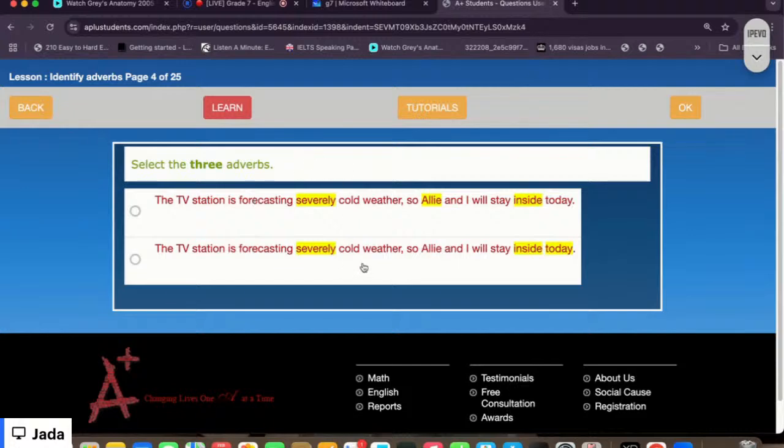The TV station is forecasting severely cold weather, so Ali and I will stay inside today. What are the three adverbs here?